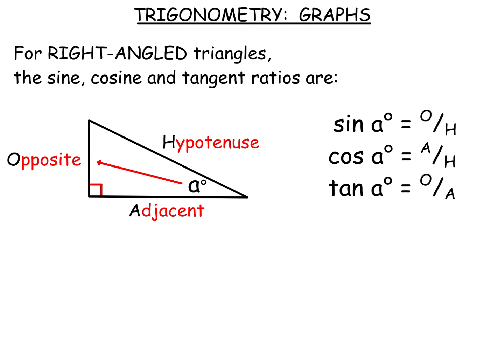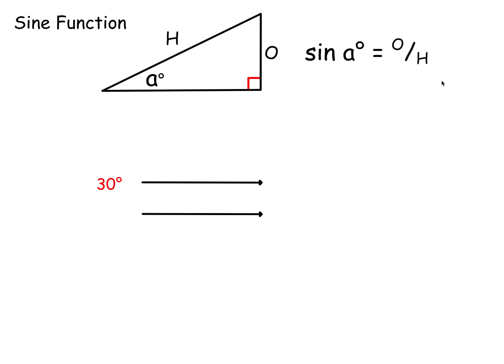If we consider the sine ratio, it's the size of the opposite side over the size of the hypotenuse. If this angle has a particular value, the ratio will have a particular value. So for a particular angle, there's a particular ratio in the right angle triangle.